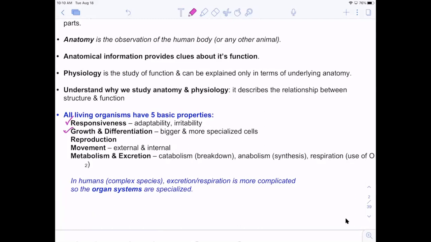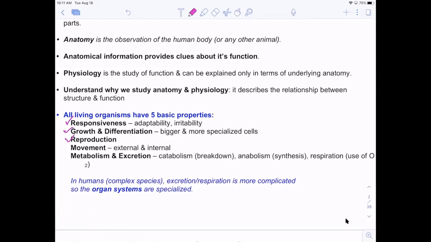So they start off as stem cells, and then those stem cells will differentiate, or change, into different types of cells to perform specific functions. And we'll talk about that when we get to cells and tissues. Living organisms have to reproduce, or that organism will cease to live, because organisms don't live forever. And if they don't reproduce, then it will vanish off the earth.